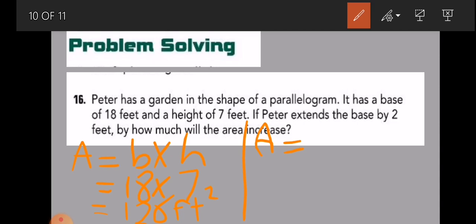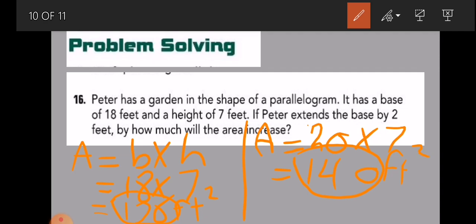Okay, then what is the area after extending? After extending, the base became 20 and the height is still 7. They did not change the height. Put the zero down, multiply the non-zero digits. 2 times 7 is 14, so 140. It means it was 126, then it became 140 feet squared. So the increase is what?